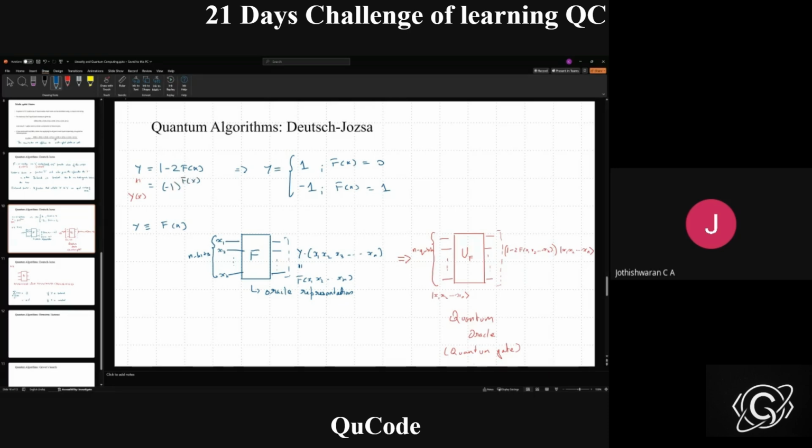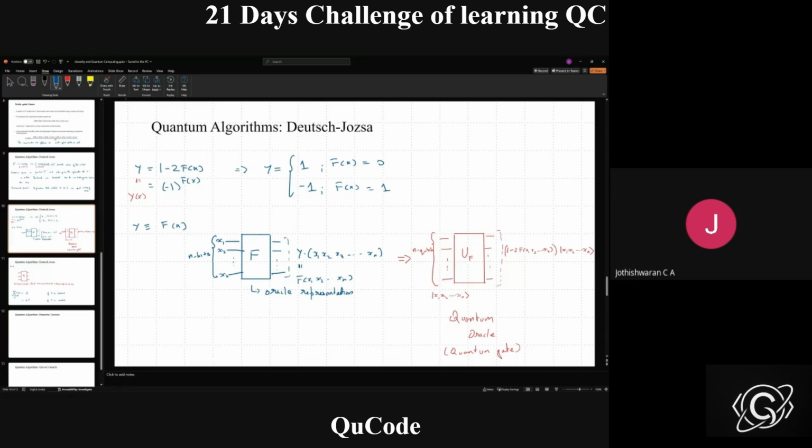Because when f of x is 0, I will have minus 1 to the power 0, which is plus 1. And when f of x is 1, I will have minus 1 to the power 1, which is minus 1. So this is a non-linear function, an exponential function. In fact, this is a complex valued function, and it gives me the same results as the linear function. So linearity is not required here. There are infinitely many ways to map this. And in the domain of Boolean functions, all of these mappings have different applications in different places.